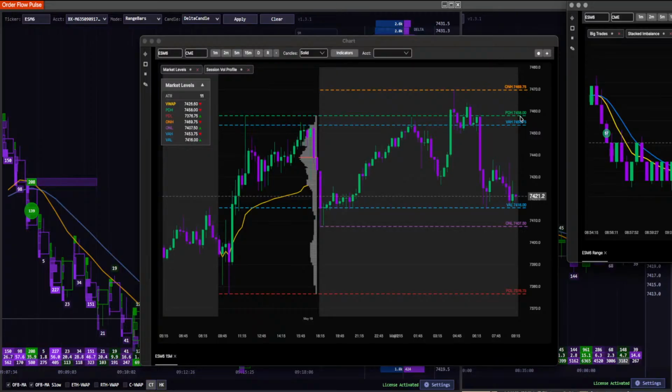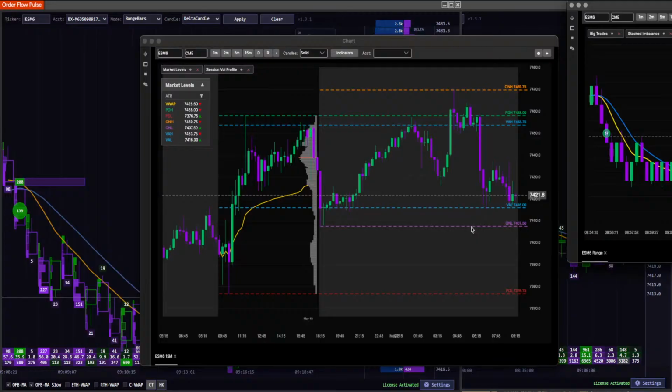I don't do the quarter increments, I just give you a whole number. Sometimes I might just say 74.70, it doesn't need to be exact. So the overnight high was 74.69, and the overnight low, right here, is 74.07.